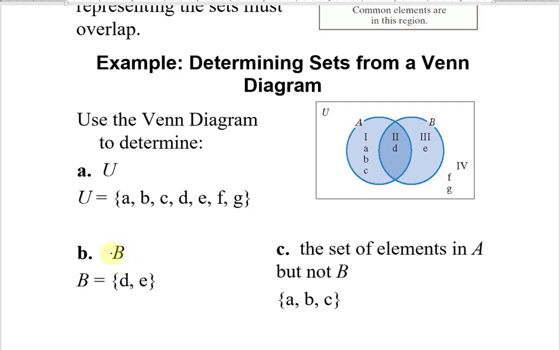If I ask you for set B only, then you only focus on circle B, and this has only D and E. For part D, the set of elements in A but not in B: you want the elements inside circle A but exclude the things that are inside B. D is in B, so you don't want to include that. So we have A, B, and C, in A only.